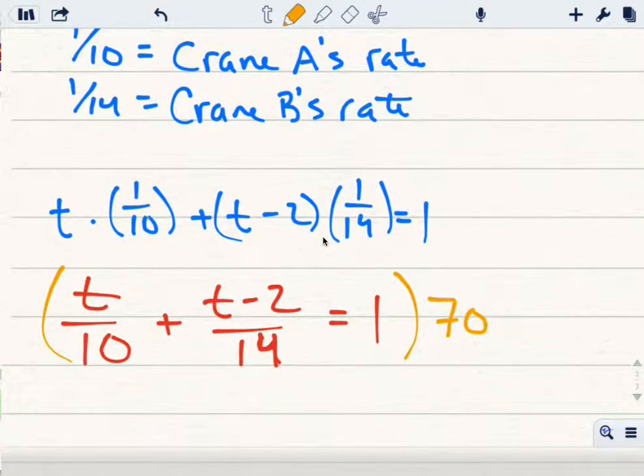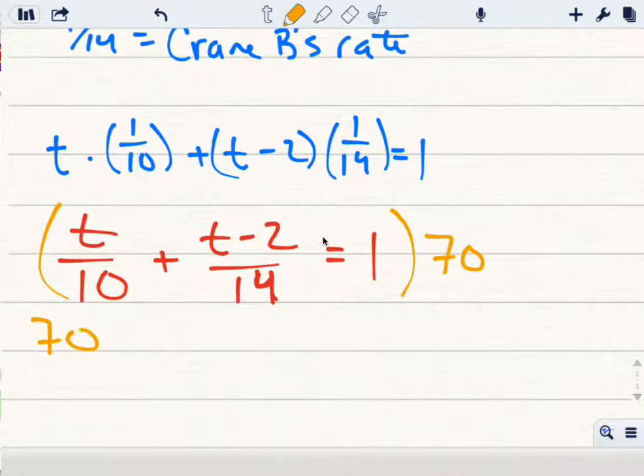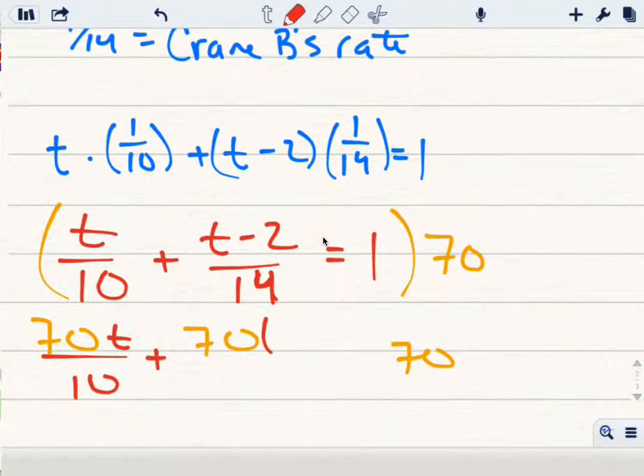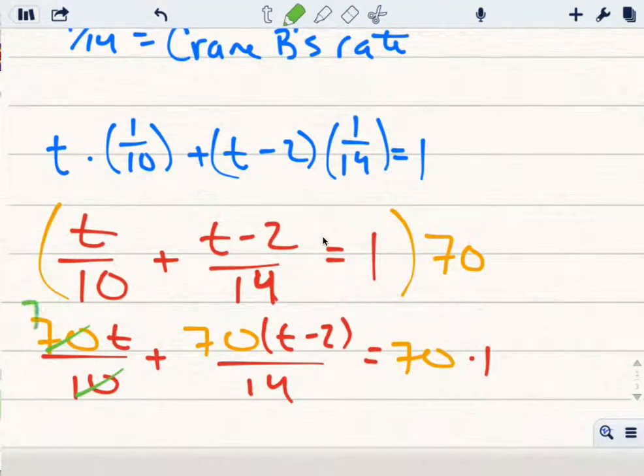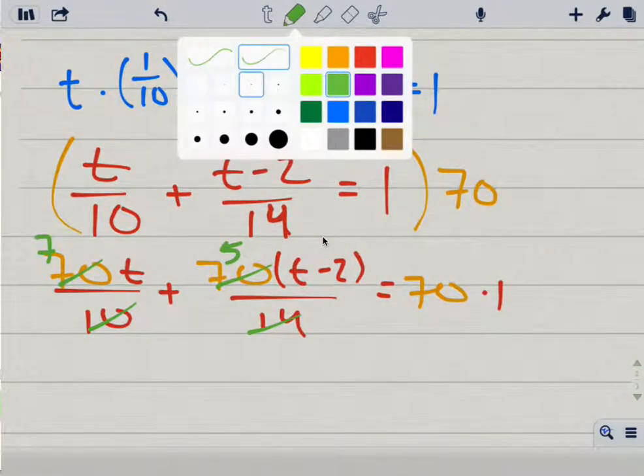You could do 140 if you want, but when we do that, we get t over 10 plus t minus 2 over 14 equals 70 times 1. Some stuff cancels. 70 and t over 10 gives me 7. 70 and 14 gives me 5. And then I've got 70 at the end there.